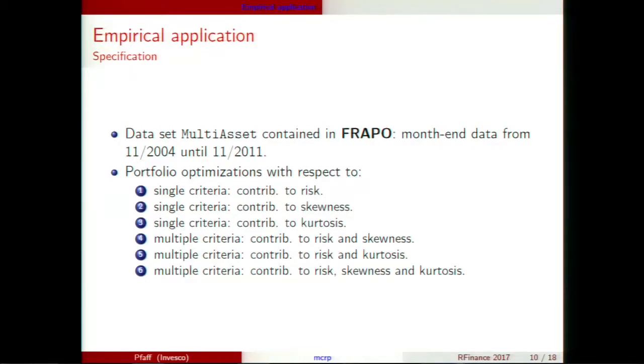That is, one would run an optimization seeking an allocation such that the contributions to the portfolio standard deviation risk and to the portfolio skewness risk are minimal. Likewise with respect to risk and kurtosis, and then finally, all three of them.